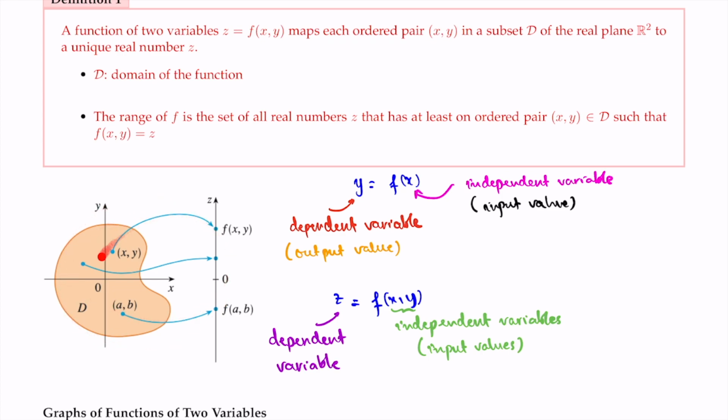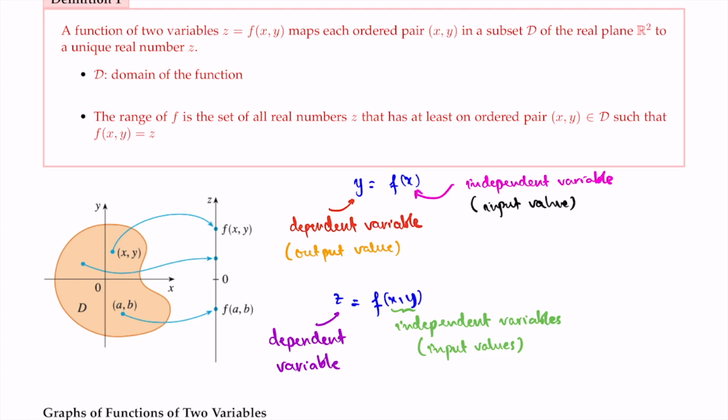This is the visualization of the definition of a function of two variables. A function of two variables, z equal to f of x, y, maps each ordered pair x, y in the subset D, the domain of the function, of the real plane R2 to a unique real number z in the range.